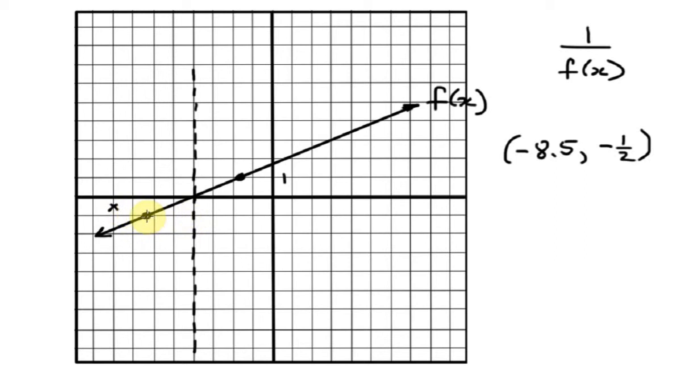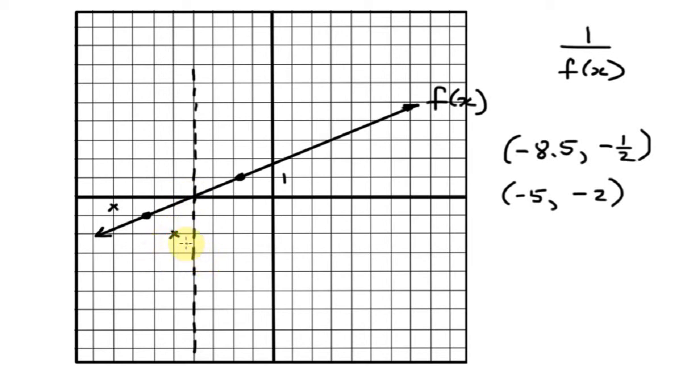Then, of course, we got this point here. And then what about all these little points in here? Why don't we just take one example. Let's take this one right here. This is negative 5, and the y value at negative 5 used to be, looks like negative 1/2. If I reciprocate negative a half, I'm going to get negative 2. So this new location at negative 5 is now down here at negative 2.